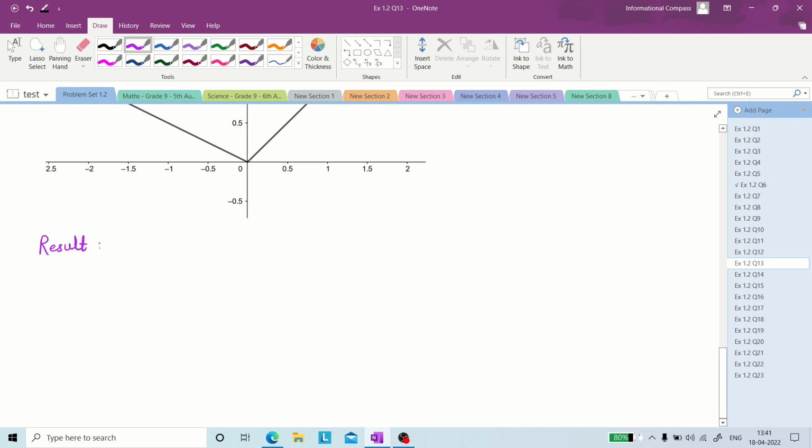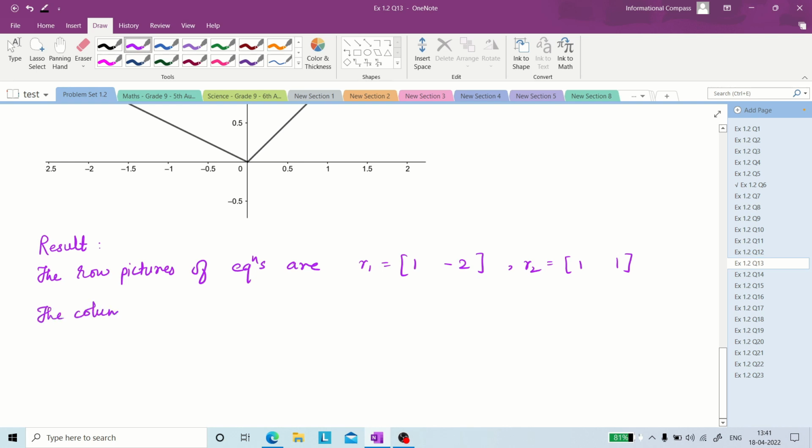So result, we have two results. Can you help me out? The row pictures of equations are R1 equal to 1, minus 2, R2 equal to 1, 1. Similarly, the column pictures, let's be quick.